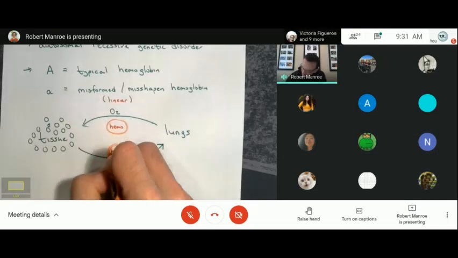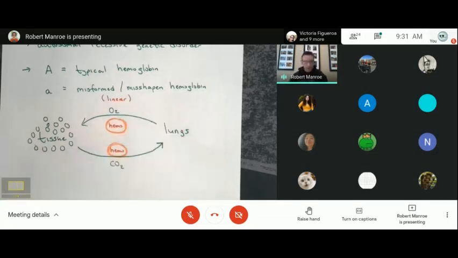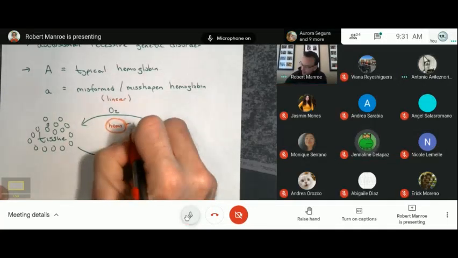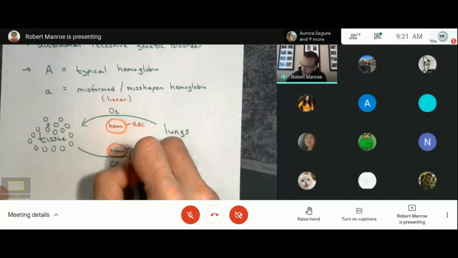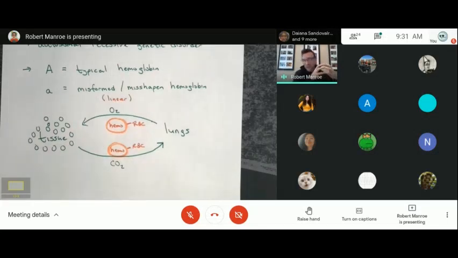And when you put this blood cell underneath the microscope, it's red. So what do you think we call this blood cell that's under the microscope that's red? A red blood cell. That's why we call them red blood cells. So what a red blood cell is, it's just a bag of hemoglobin. That's all it is. There's not even a nucleus inside of the red blood cell. Okay? It's just a bag of hemoglobin.